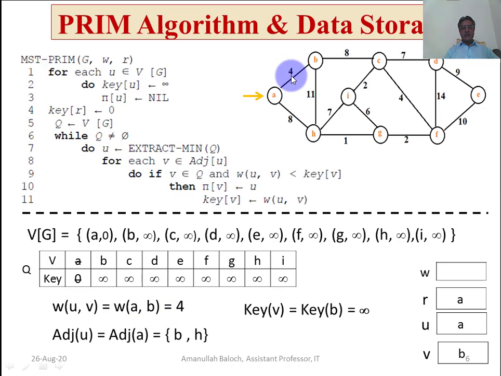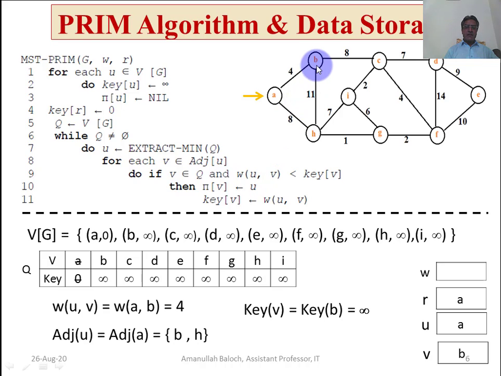This is the weight of the edge. A to B denotes an edge, and W means the weight of this edge. From A to B an edge exists, and the weight of this edge is 4. W of AB means the weight of edge AB is equal to 4. We will use this terminology here. We will find the edge.